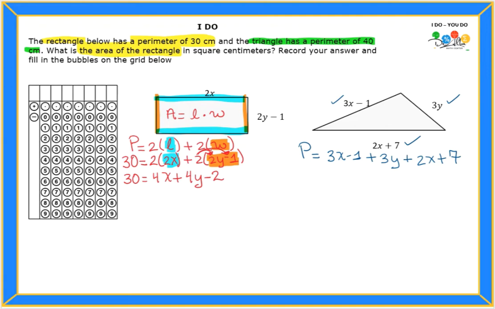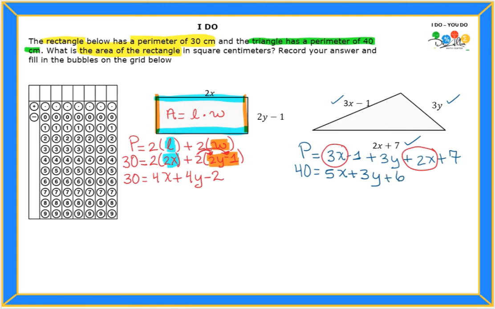So instead of writing P, let's write the actual measurement, which is 40, equals. Can I combine any like terms? Yes, I can combine 3x and 2x: 3x plus 2x gives me 5x, plus the 3y. I can also combine the minus 1 and the plus 7, which gives me plus 6.